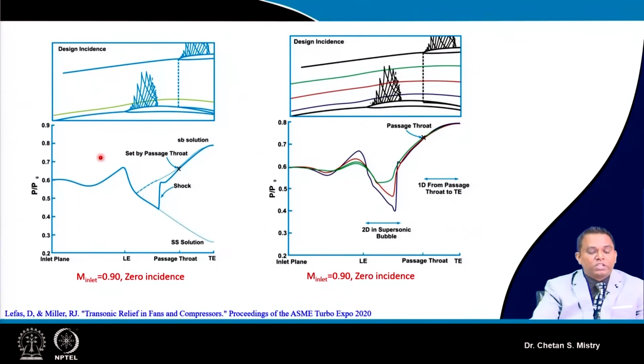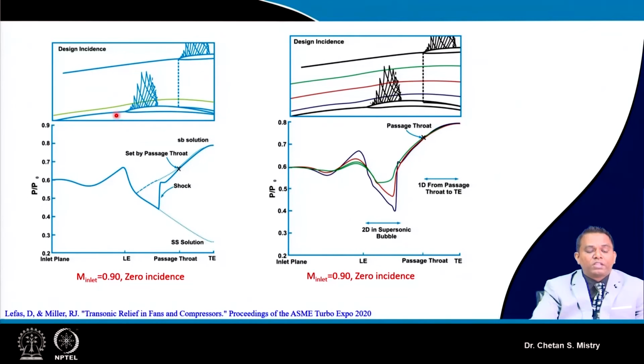This represents the variation of pressure for this particular streamline. We can say that in the pitchwise direction we are selecting one streamline. If we trace what is happening with the pressure, this represents the variation of pressure.